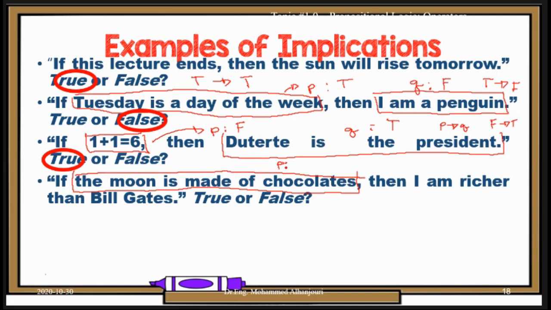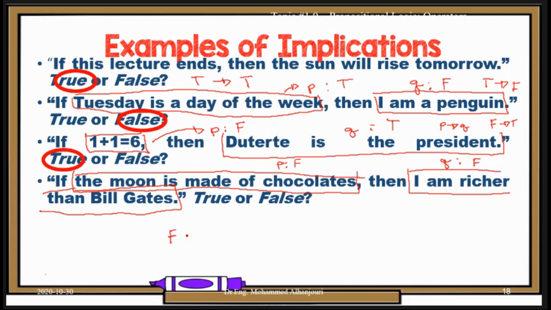This is P. And this is false. I am richer than Bill Gates. If I am richer than Bill Gates, then I wouldn't be teaching. So this is also false.